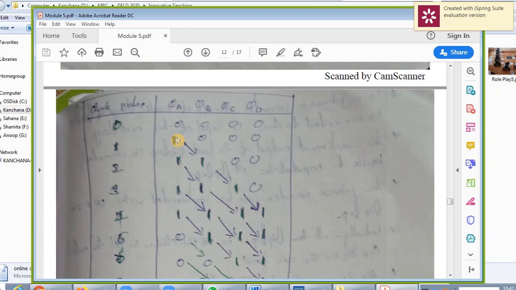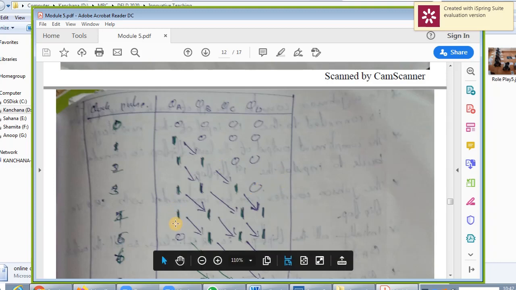On the next clock pulse, QA will transfer here, QB will transfer here, QC will be transferred here, and QD is 0, so QD bar becomes 1, so it becomes 1. Next time 1 is transferred here, and this one transfers 0 here. So the 0 will be twisted, that means QD bar, no? Here QD is 0, so QD bar becomes 1.